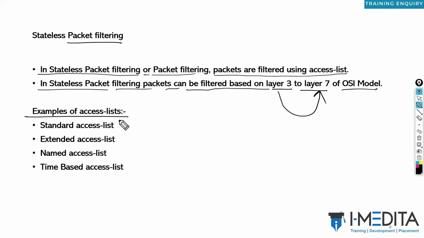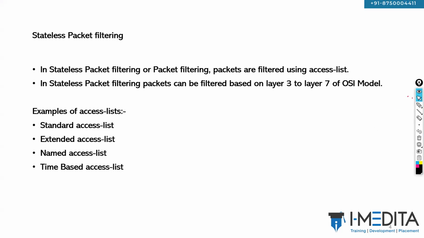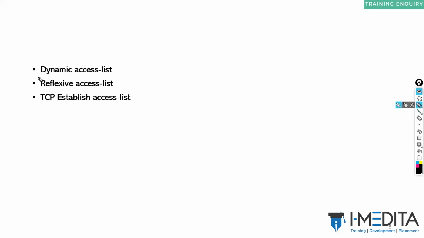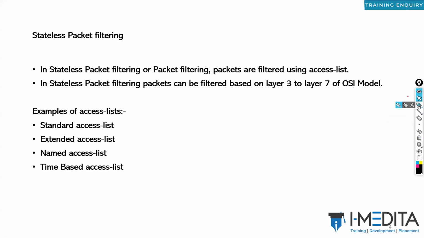When we use an access list, you can use different types of access list like standard access list, extended access list, named access list, and time-based access list. There are also other types of access list like dynamic access list, reflexive access list, and TCP established keyword ACL. The purpose of this slide is only to learn about the firewall technique.